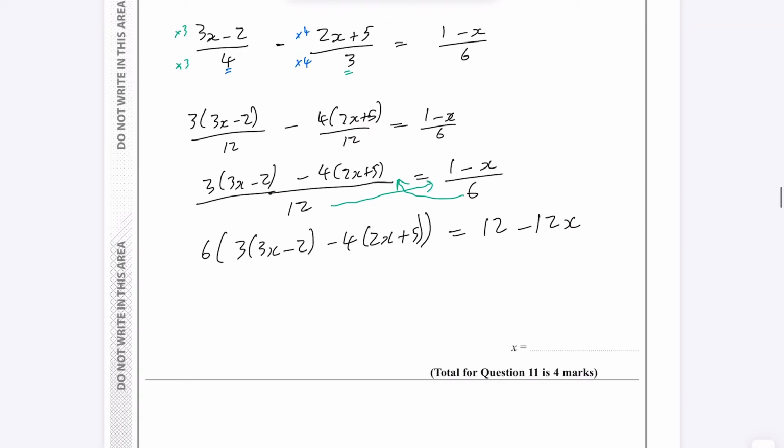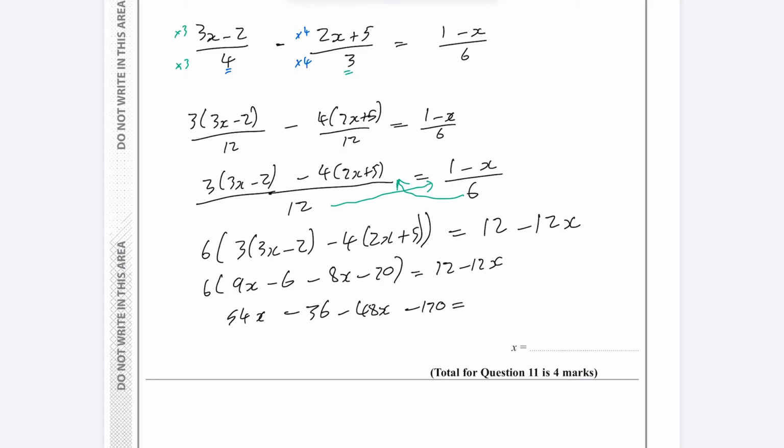Now we'll expand this out, so that becomes 6 bracket 9x minus 6 minus 8x minus 20 is equal to 12 minus 12x, and then that becomes 54x minus 36 minus 48x minus 120 is equal to 12 minus 12x. Simplify that, and that becomes 18x minus 156 is equal to 12, and then 18x is equal to 168, and when you divide 168 by 18, you're left with 28 over 3 as x.